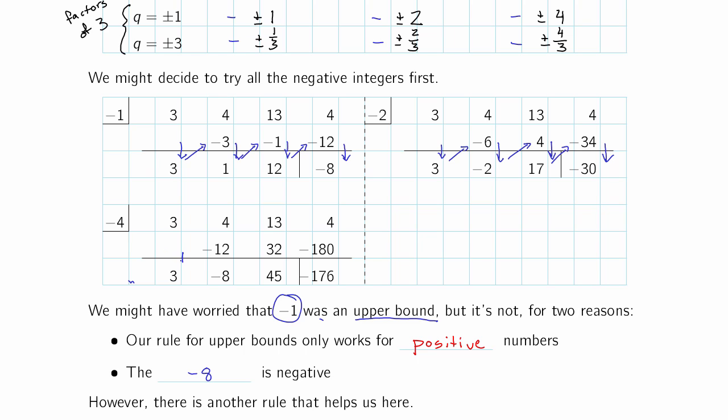And that happens even more with negative 4. The signs do what's called alternating. So the signs are going one positive, one negative, one positive, one negative. And that's happening when we're plugging in a negative number. And that's what's going to signal that we have a lower bound on our hands.